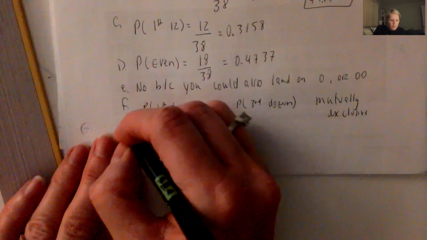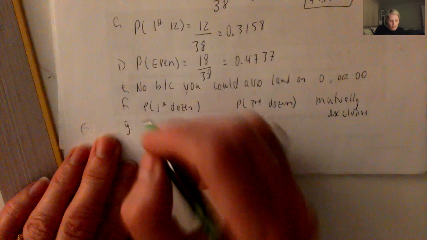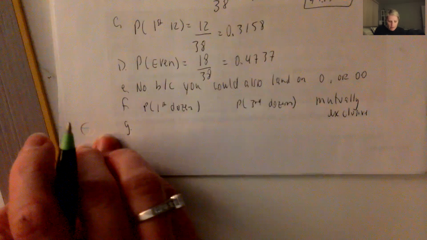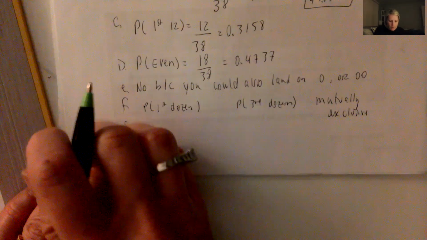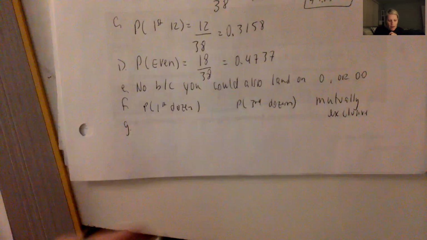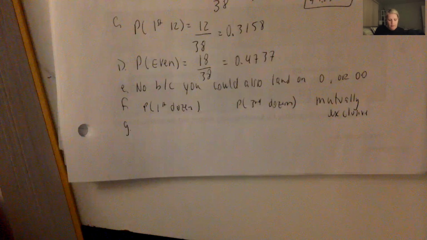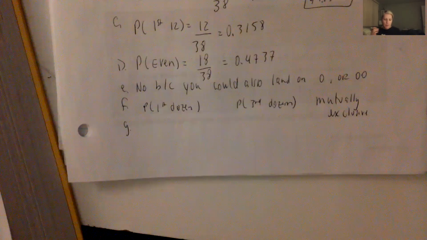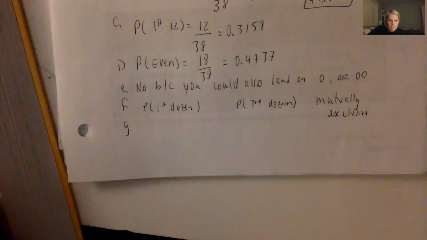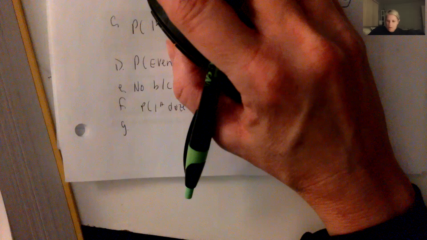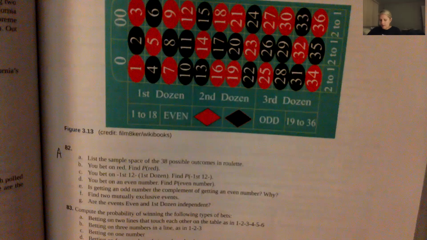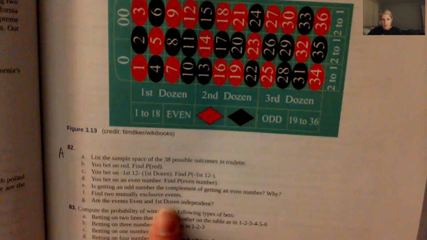And then G, are the events even and first dozen independent? So if I get an even, does that change my possibility of getting in the first dozen? And so let's look at our book here so you can see that, because it says, are the events even and first dozen independent?